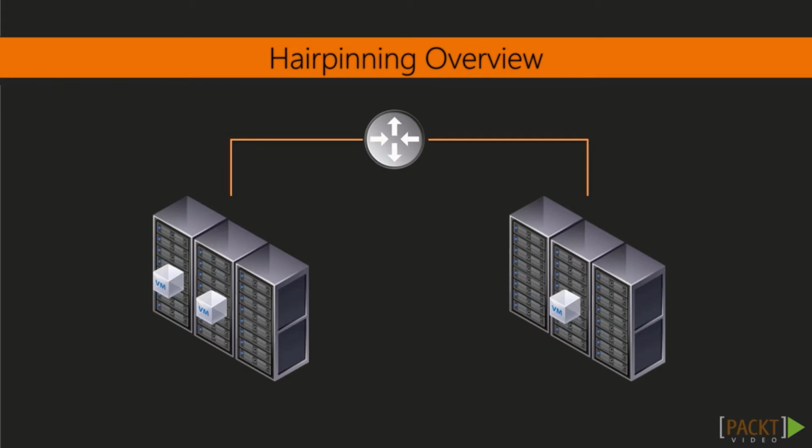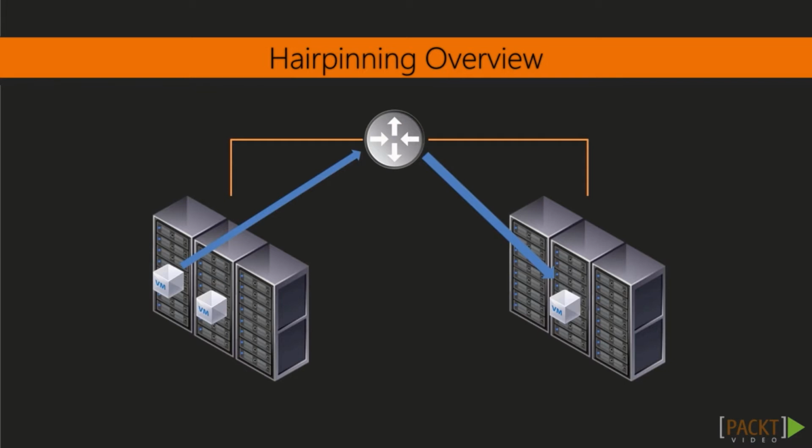So if they want to talk to each other, they need to use the router. So they send the traffic to the physical box because it's the default gateway for the OS and the TCP/IP stack. So if these virtual machines want to talk to each other, the traffic needs to travel via the physical router. So that's not really hairpinning.